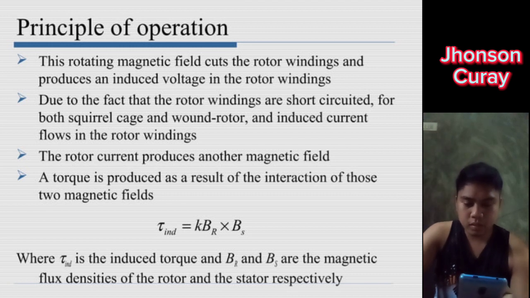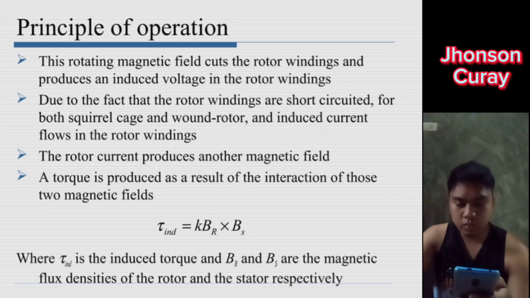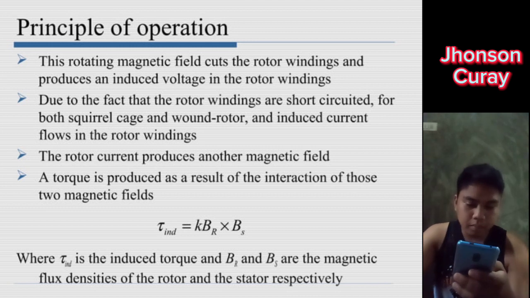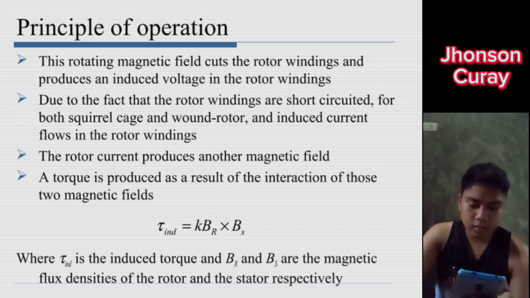A torque is produced as a result of the interaction of those two magnetic fields. The formula of the induced torque: T_induced equals k B_R times B_S, where T_induced is the induced torque and B_R and B_S are the magnetic flux densities of the rotor and the stator respectively.